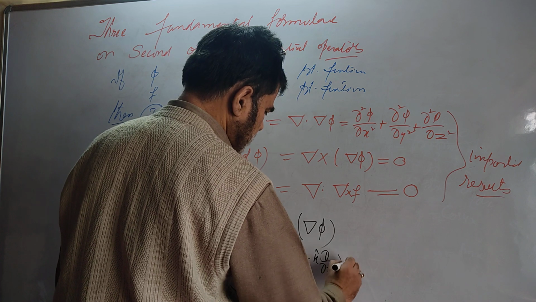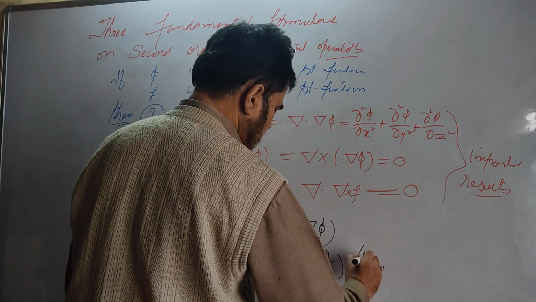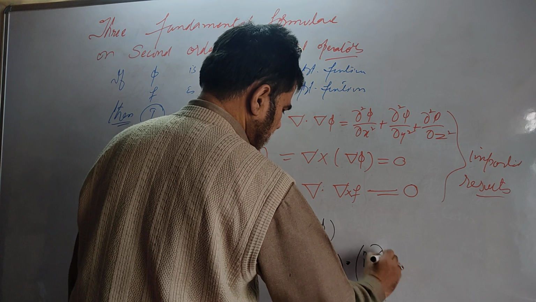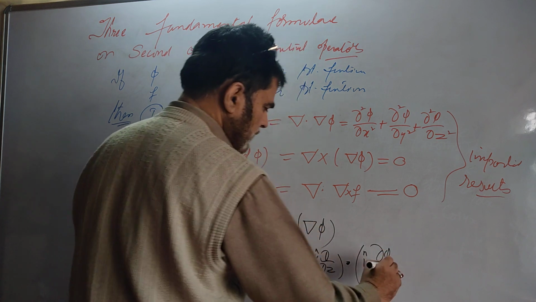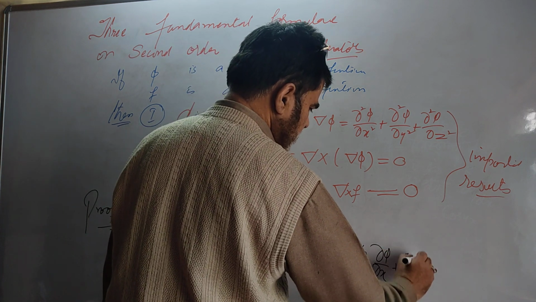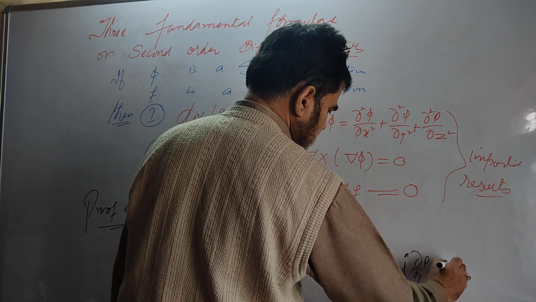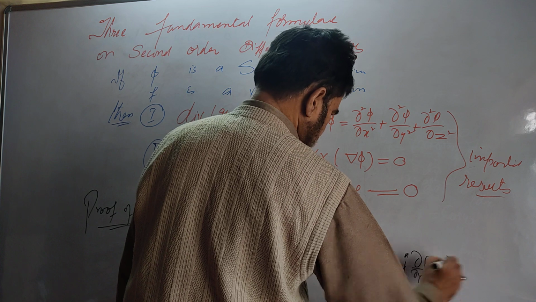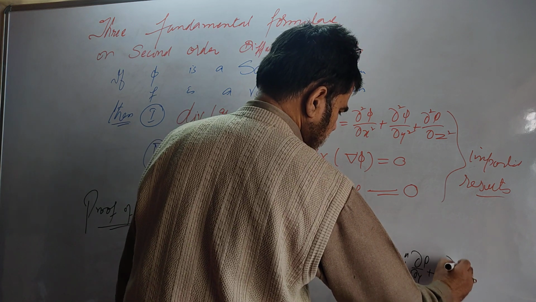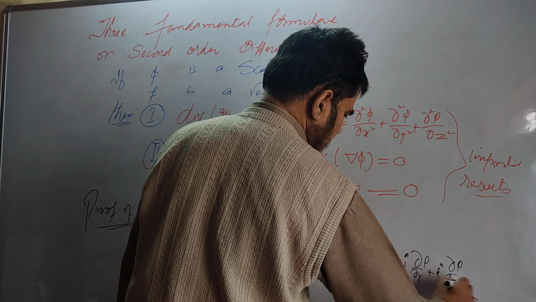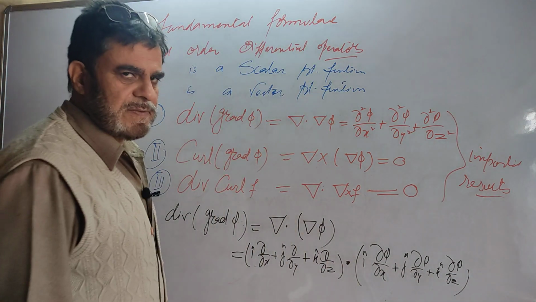Then you know it is dot i times dou phi by dou x plus j times dou phi by dou y plus k times dou phi by dou z. Sometimes I read it as del, but actually it is dou, the partial derivative.